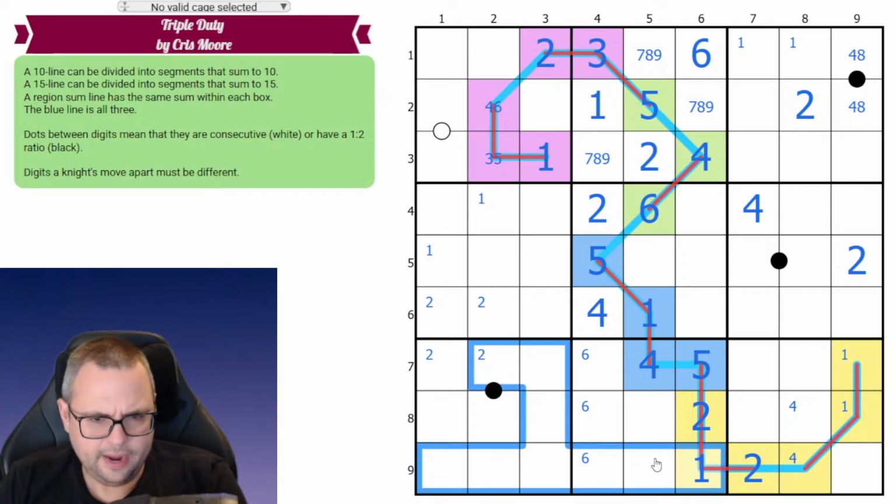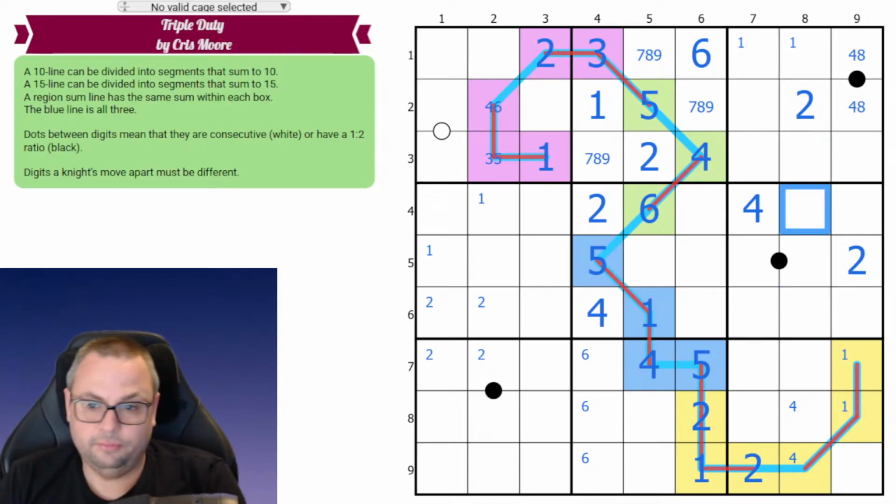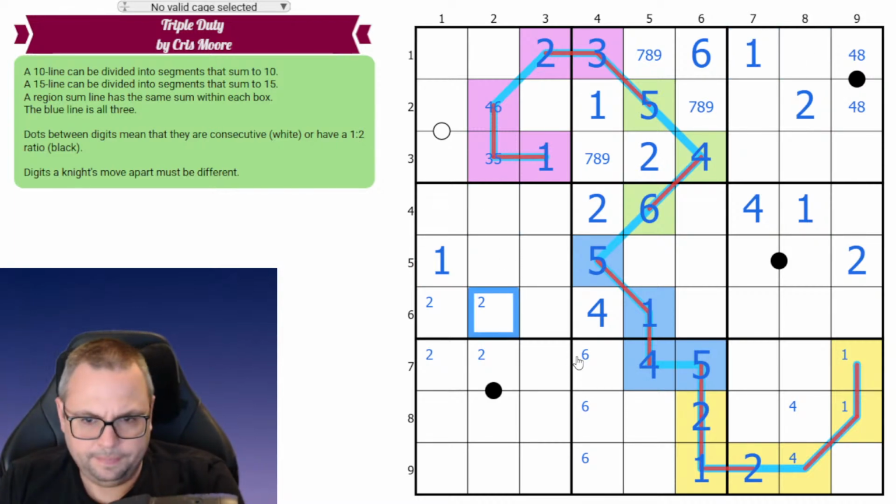It's certainly not there. 1 down here is, I guess, in one of these 3. 1 in box 6. Right, very good. So 1 in box 6 is there. So then that's a 1 and that's a 1.